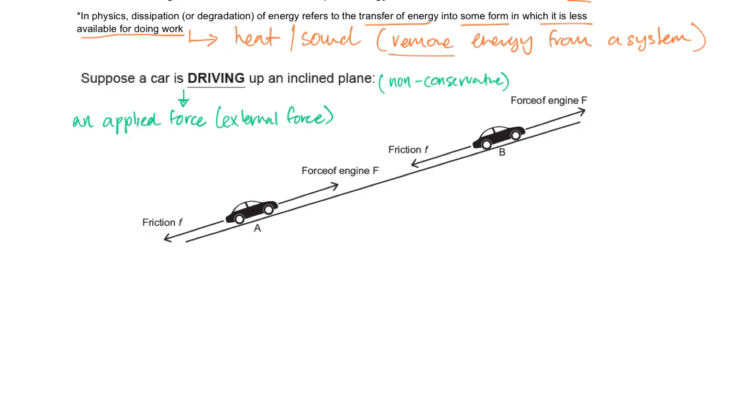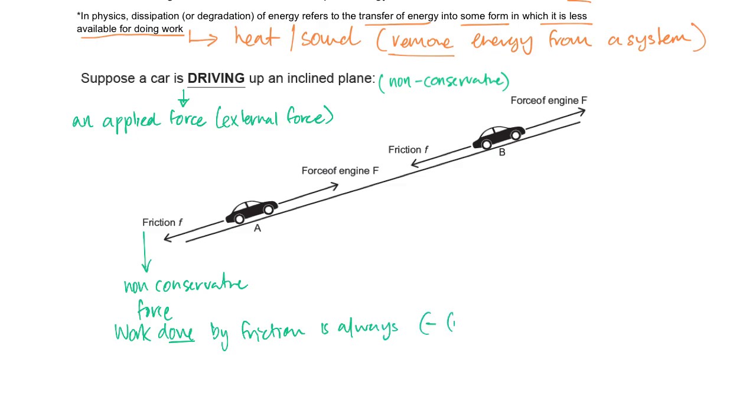Suppose this car is driving up an incline and there's two things happening. There's a force of an engine and there's a force of friction. So I know that friction is a non-conservative force. And the work done by friction is always a negative value.